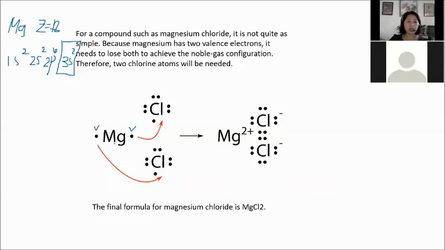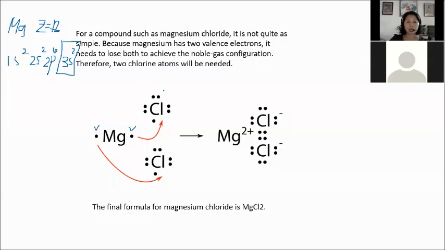Now, again, to analyze Mg, it needs 6 more electrons to become stable. But since Cl is its partner, it can donate one electron to the first Cl atom. And its second electron, it gives to the second chlorine atom.